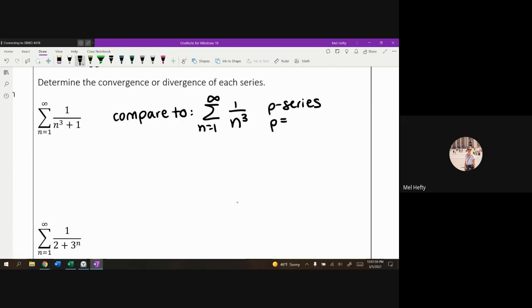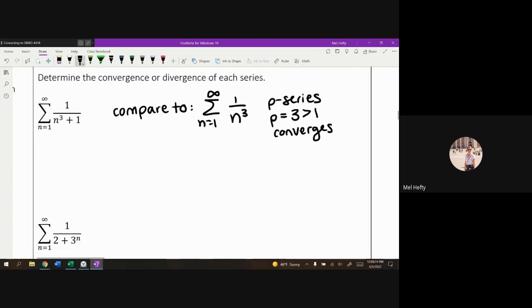Do you guys agree that it's 3? All right. Why do I care about the number 3? It's greater than 1. So what does this p series do? Converges. So if we're hoping to make a conclusion on this, I'm hoping that the series I want to know about with the nth term 1 over n cubed plus 1 is smaller than the one that already converges.